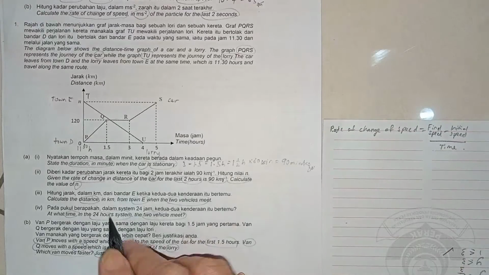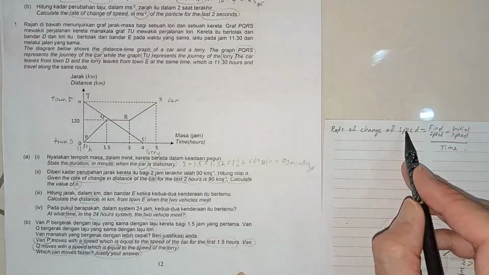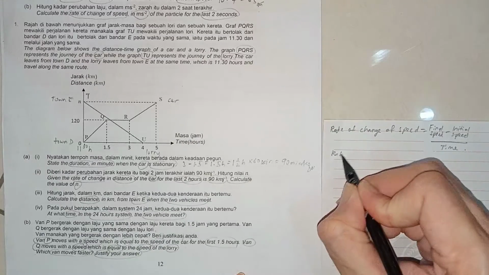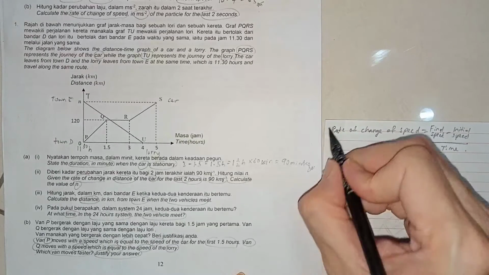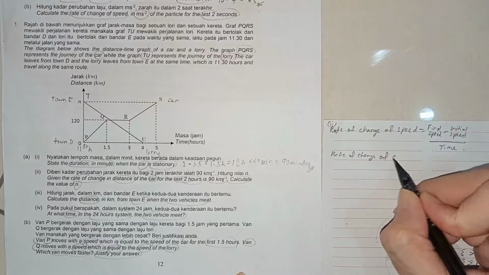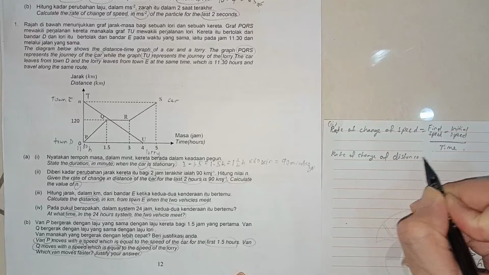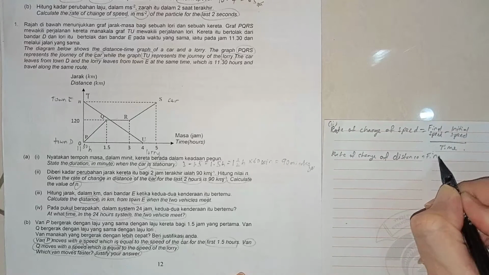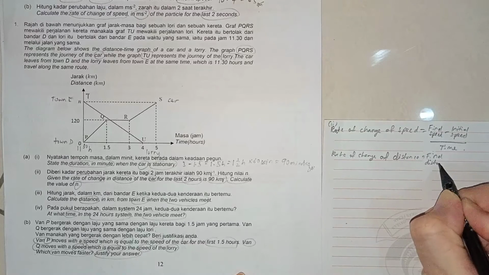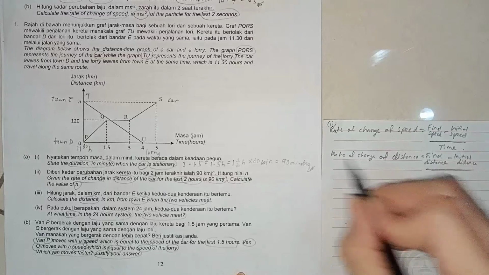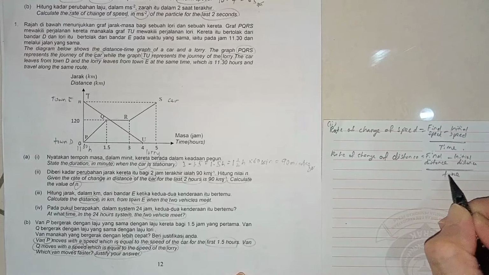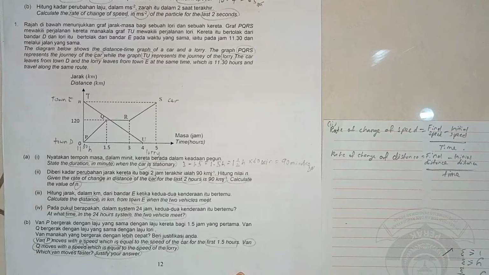So for rate of change of distance, speed becomes distance: final distance minus initial distance, over time. Then from here I can find the answer.